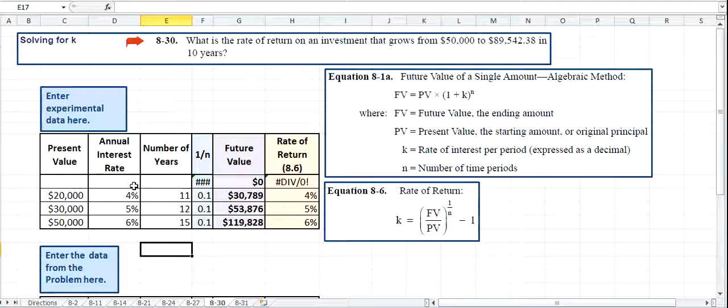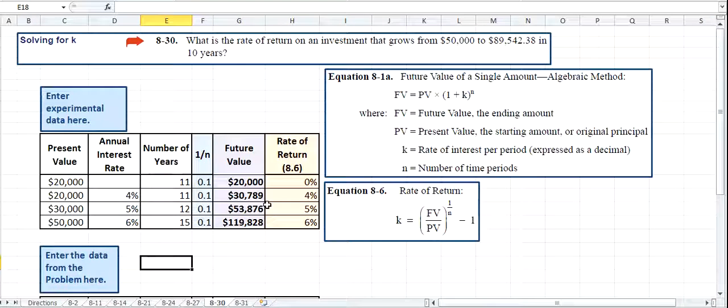And what you're going to do is adjust the rate of return until you get to where you want to be. So if I want to start off with 20,000, I would put that in right here. And then I would say, okay, number of years 11, because I'm just matching it up with the one right below it.